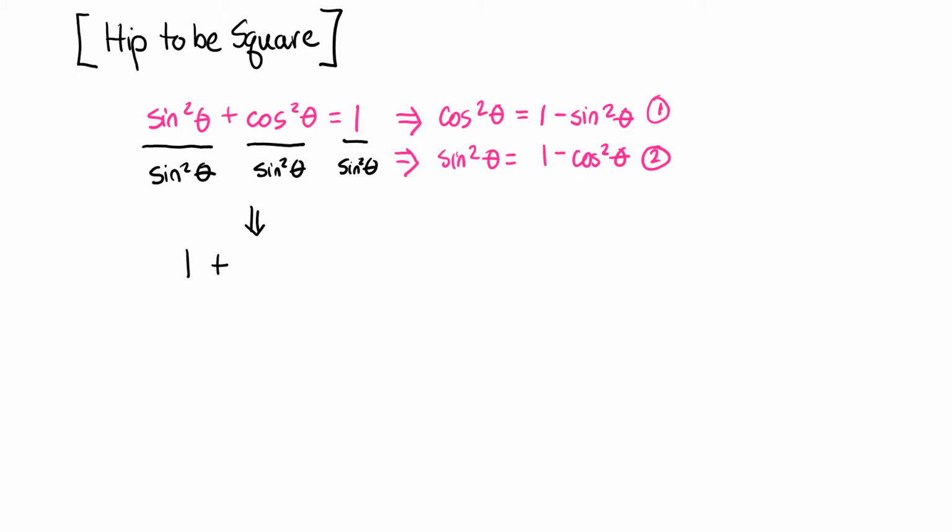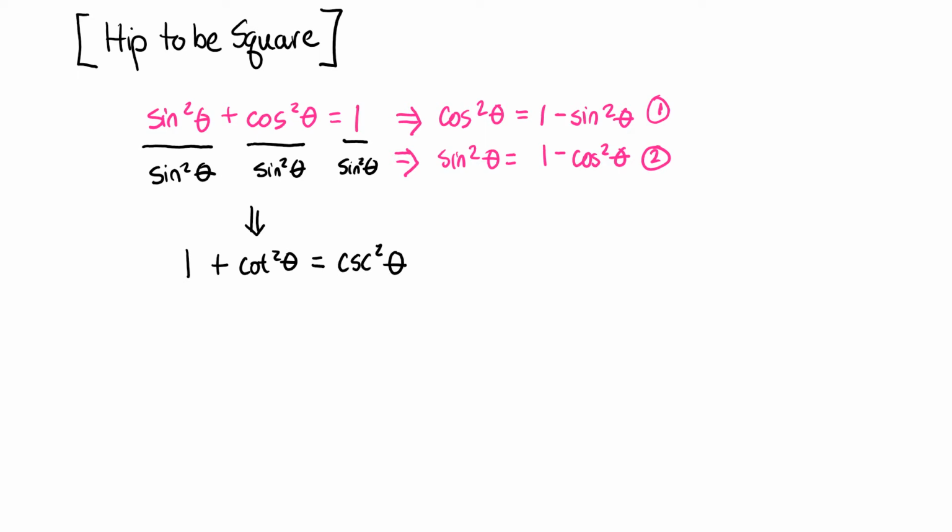Cosine over sine is not tangent. Tangent is sine over cosine. Cosine over sine is the reciprocal of tangent, which is cotangent. So cosine squared theta over sine squared theta is cotangent squared theta, and equals 1 over sine squared. The reciprocal of sine is cosecant. So 1 over sine squared is cosecant squared theta.